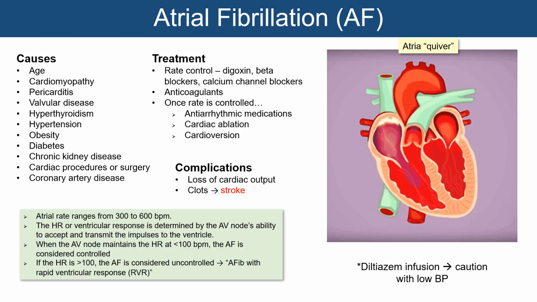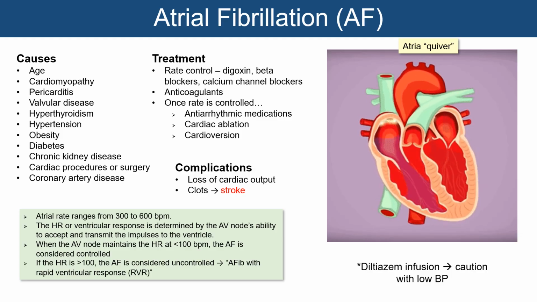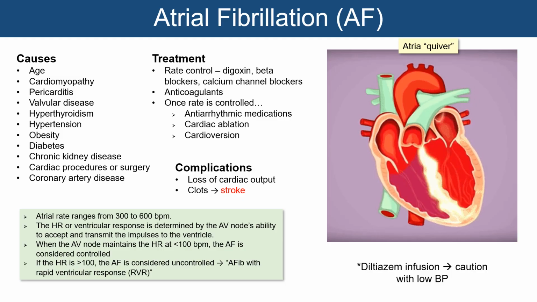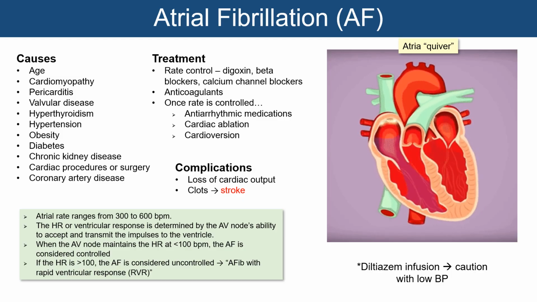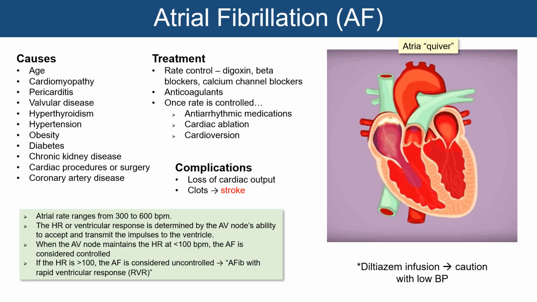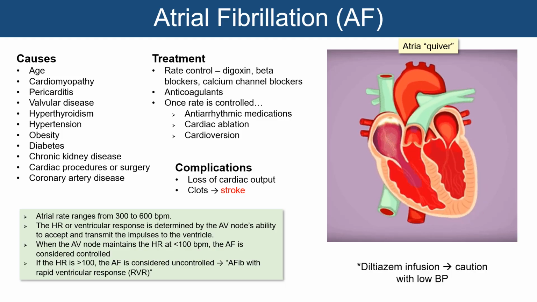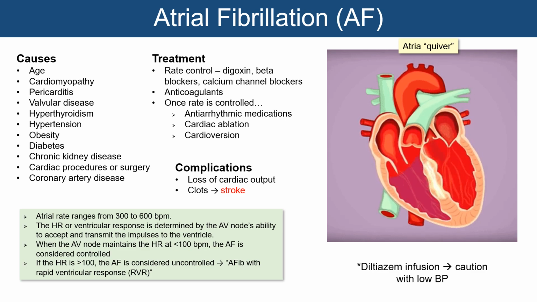If they're on a diltiazem infusion and their blood pressure starts to drop, you need to do something. You need to call the provider, because most likely either the dosage needs to be decreased or they need to change the medication. Even if it's working for that patient, you cannot continue it if the patient is hypotensive. Okay, so diltiazem infusion on a patient with AFib, you need to monitor that blood pressure, and if it gets too low, you need to let the provider know.